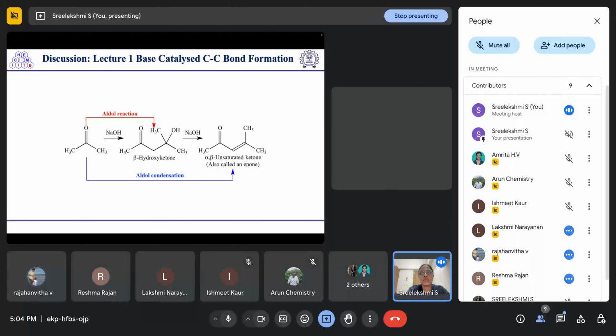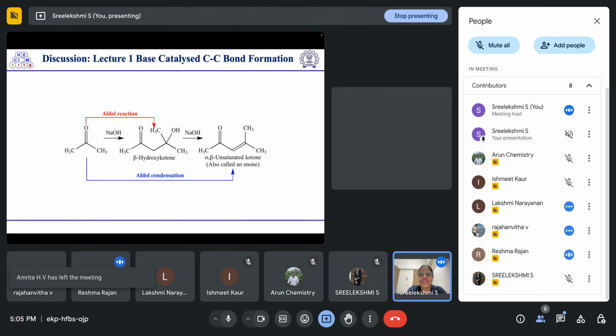Once we are used to this, it's easy to remember. If you ask me after one or two months, I may not be able to recall if I am not going through this continuously. Continuous practice will help in remembering the named reactions. If we see a base, we can try the mechanisms, but remembering names is not that easy.